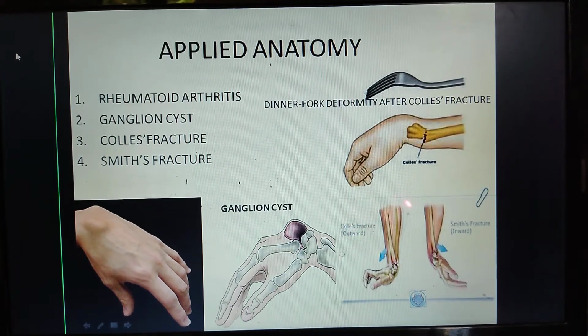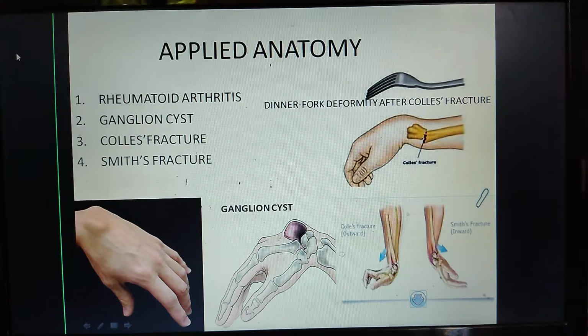Now, Colles fracture is more common, and here the distal end of the radius is fractured, and there is a dorsal displacement. The distal fractured end is displaced dorsally and proximally, and non-union is not a common complication in such fractures.